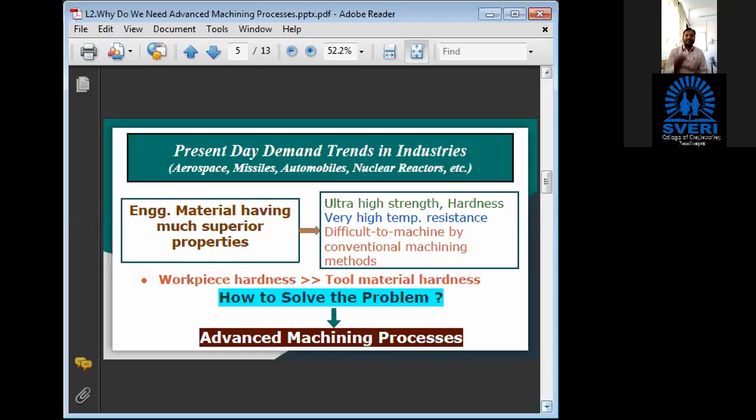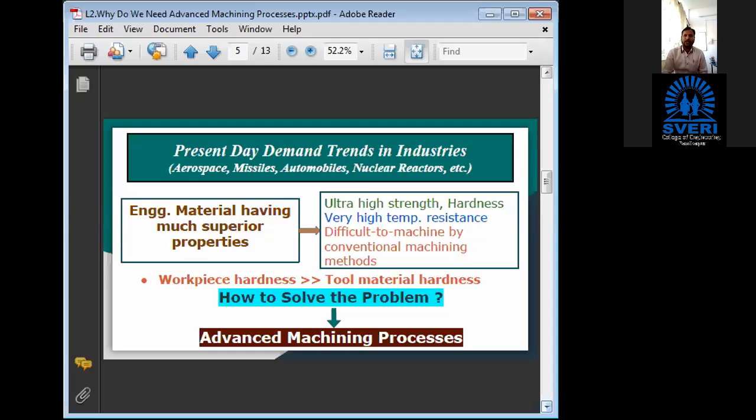So the engineering materials which are in demand at present should have much superior properties than the commonly used metals.